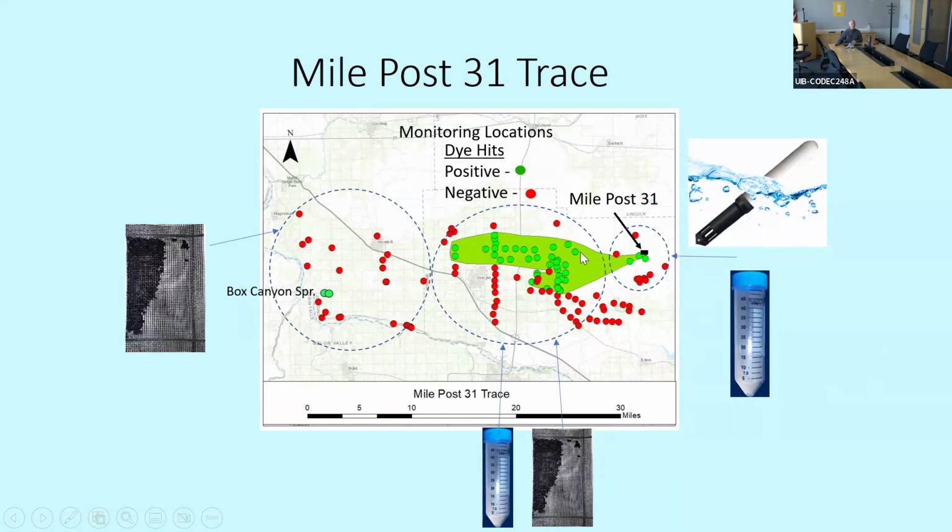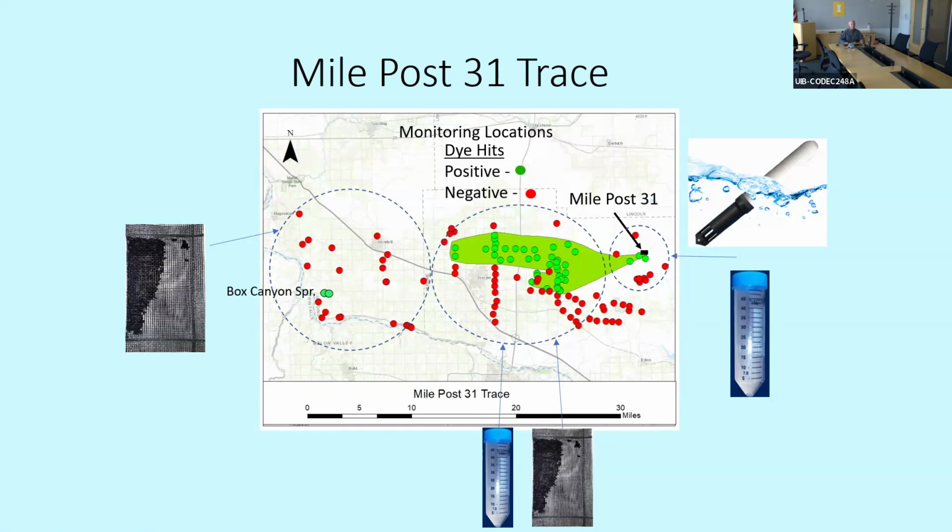As you move further down the flow path, we switch to dominantly charcoal packets and grab water samples, although if I had to repeat that, I would place some instruments in this area also. But by the time you get to the distant lengths of the dye trace, you may only be using charcoal packets, which is dominantly what we did for the long distance sampling sites.